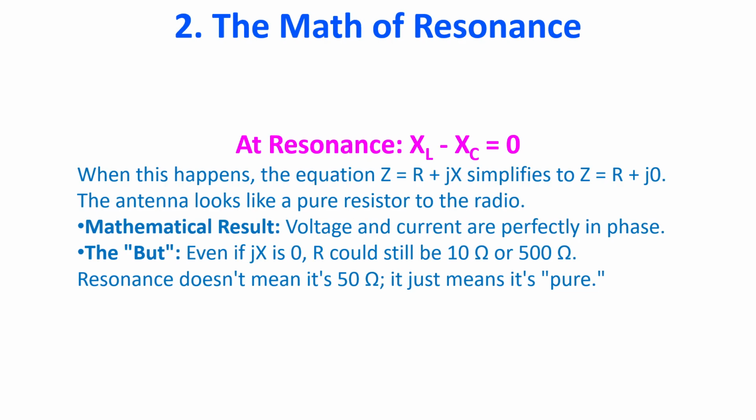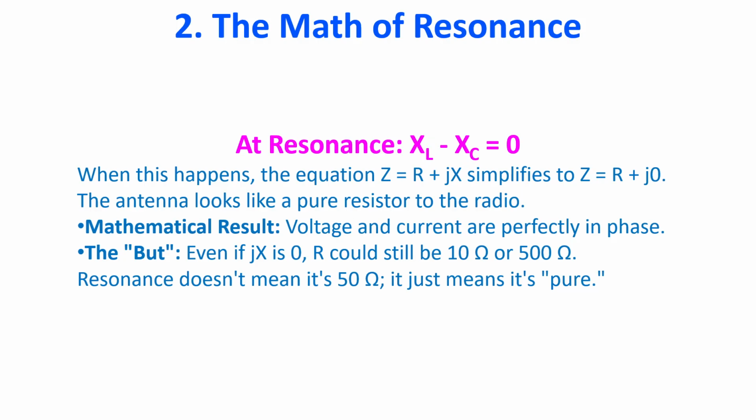Resonance is the specific mathematical state where the imaginary parts cancel each other out to zero. So at resonance, the inductive reactance XL minus capacitive reactance XC is equal to 0.